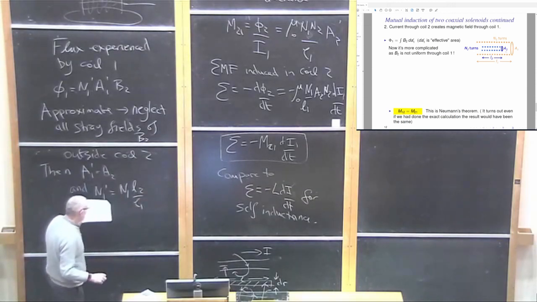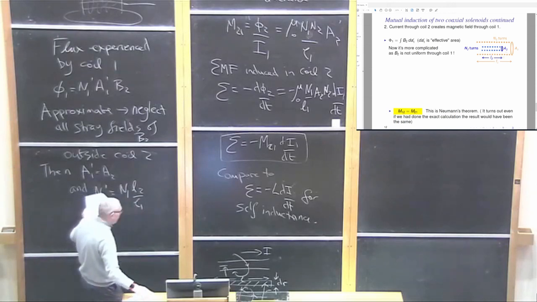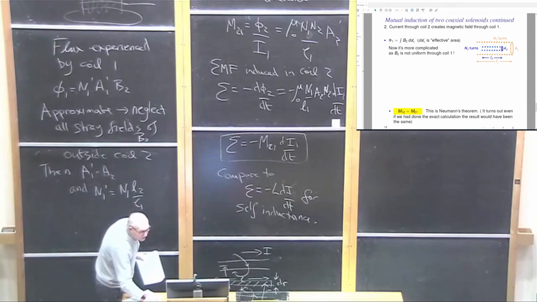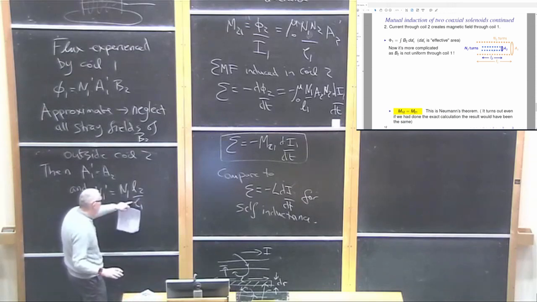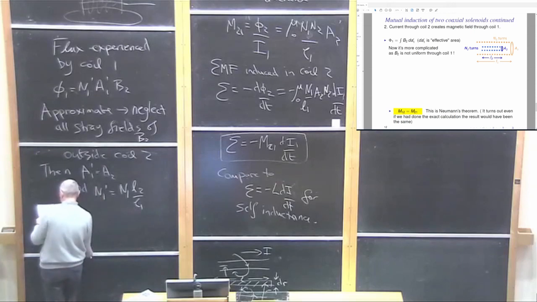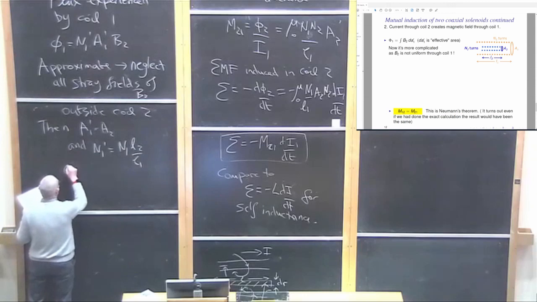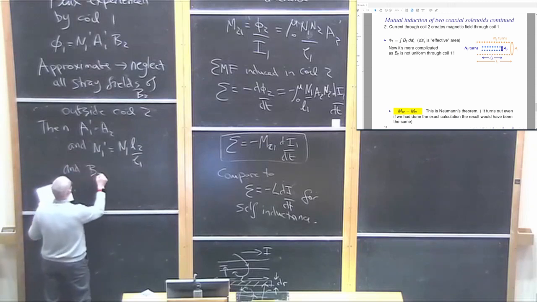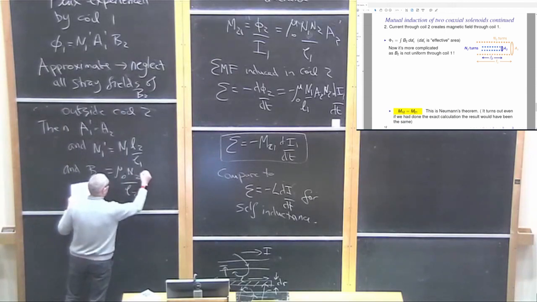So it's the number of turns that it experiences just due to the length of N2. So of course there's a factor L2 over L1 here, because that's the ratio of lengths. And finally B2, we just assume it's constant: mu naught N2 I2 over L2.